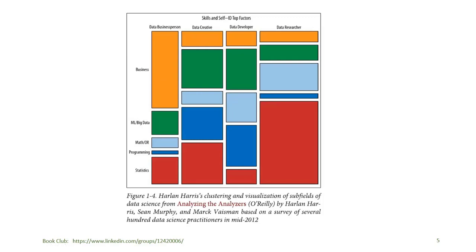We want to design a dashboard, a kind of BI output, so we have to know the language of the business, because we want to transform our knowledge from the model into something that people in the business can understand. So here we can see that the business plays a role in all of them, and also statistics, and in between we have machine learning, big data, programming, math, and so on.